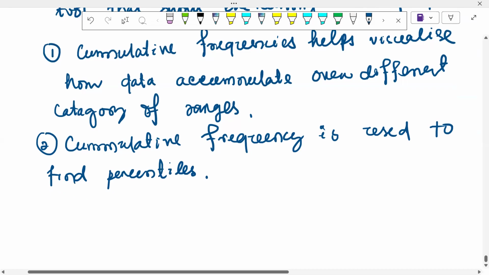So these are the 2 points we discussed for the uses of the cumulative frequency.